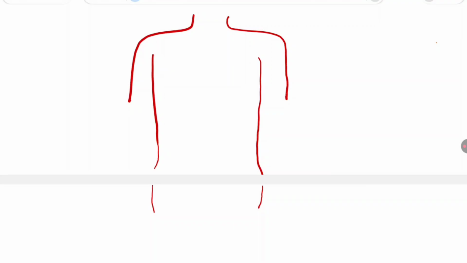Suppose this is one human body, and here we are drawing. I am dividing this body into 4.